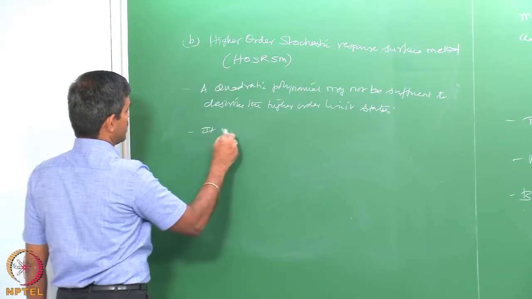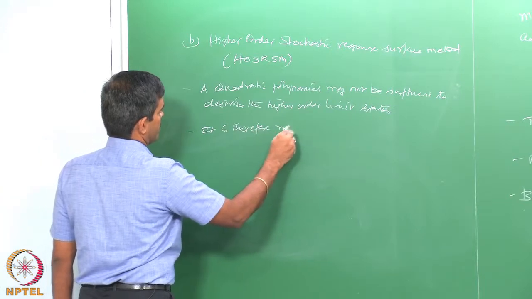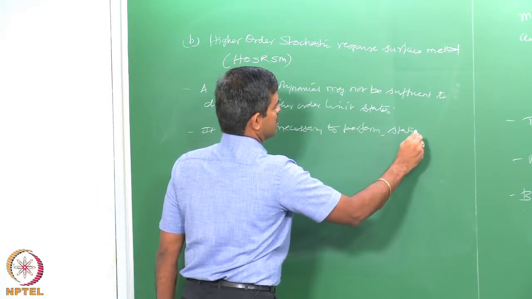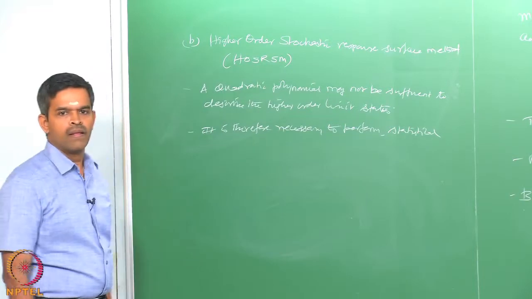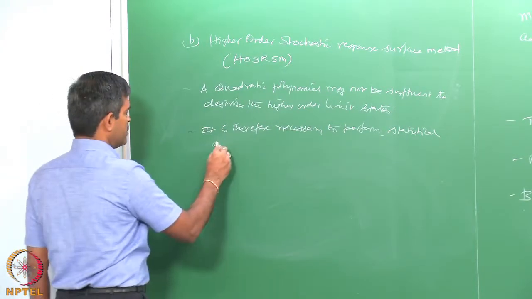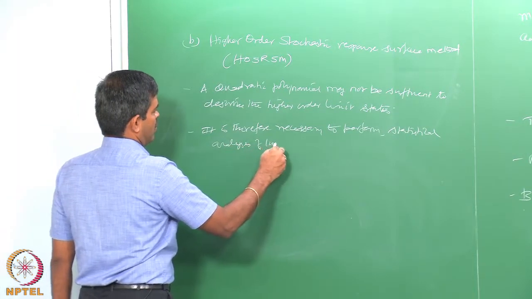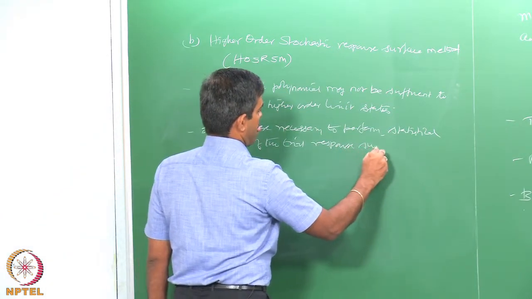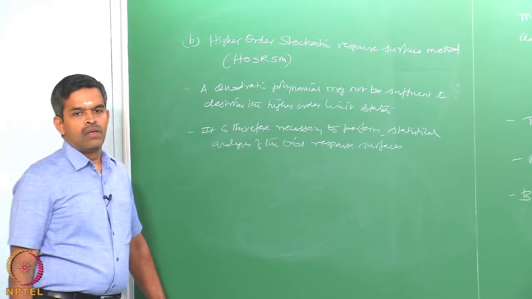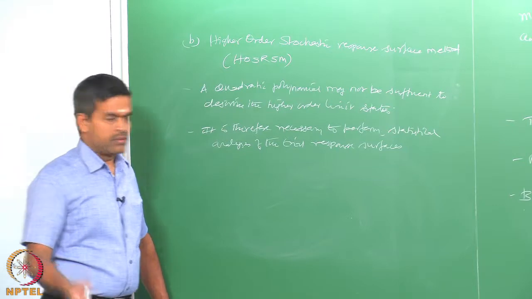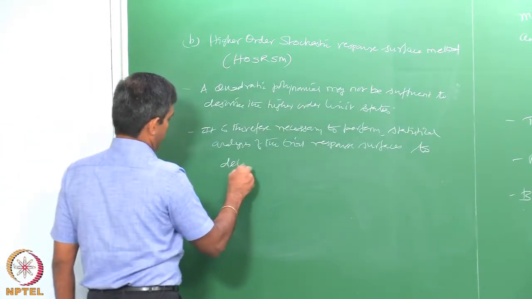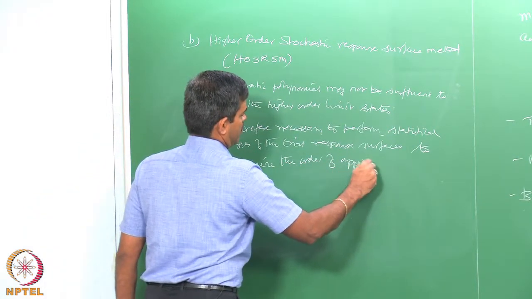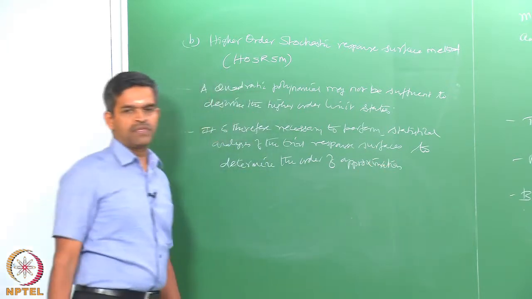So, it is therefore necessary to perform what we call statistical analysis of the so called trial response surfaces to determine the approximate order of approximation, because the second order, which is the quadratic, may not be sufficient.